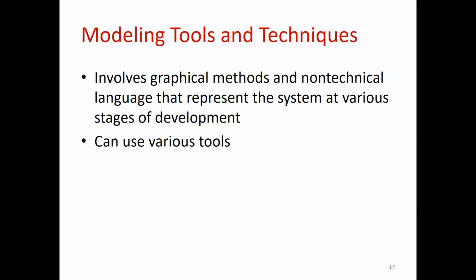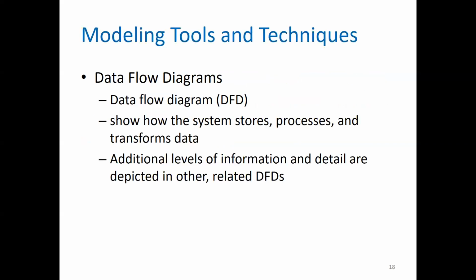There are a few graphical tools that represent these processes and are used in requirement modeling. The first one is the data flow diagram, or DFD. It shows how the system stores, processes, and transforms data. Additional levels of information and detail are depicted in other related DFDs.